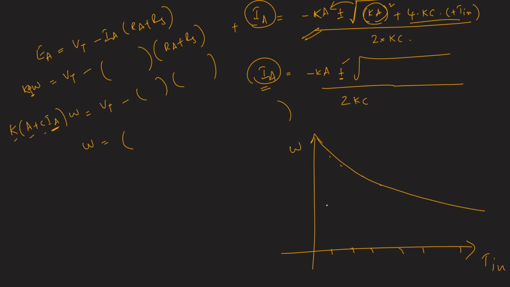Okay, so unlike shunt, where we have a straight line, and though it is not like a series, it will have an intercept and it will have a decaying curve like this, right? So these characteristics are in between a series and a shunt.